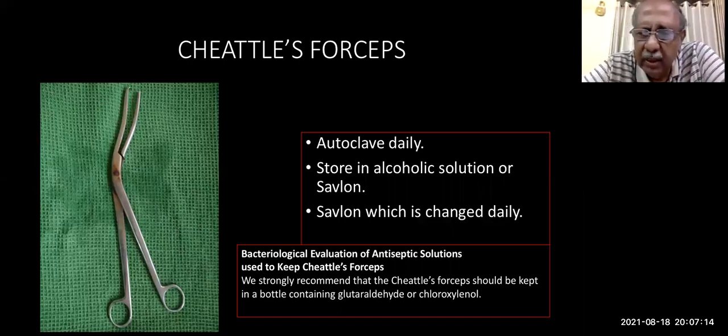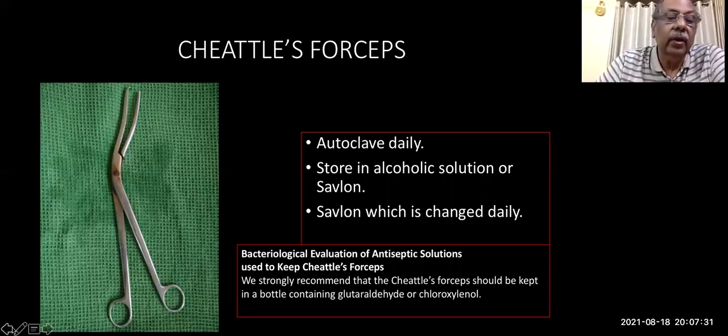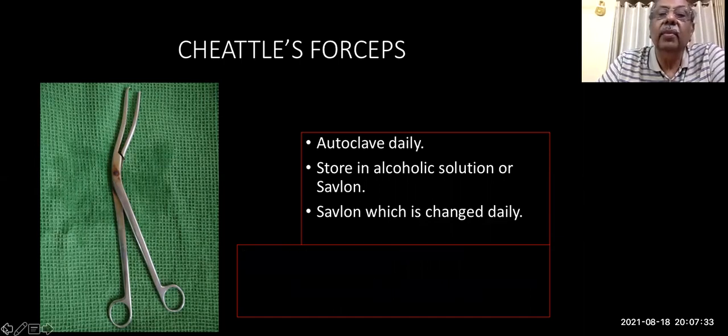In some hospitals, they don't use any solutions. They keep it in a sterile bottle. The most important thing is that in most hospitals, they are kept in bottles with a small mouth. It should never be stored in bottles with a small mouth. As you can see here, I think there is a picture somewhere here.